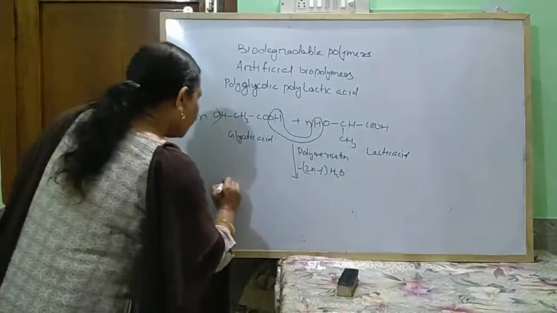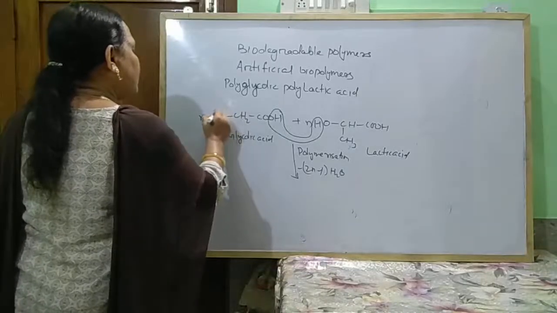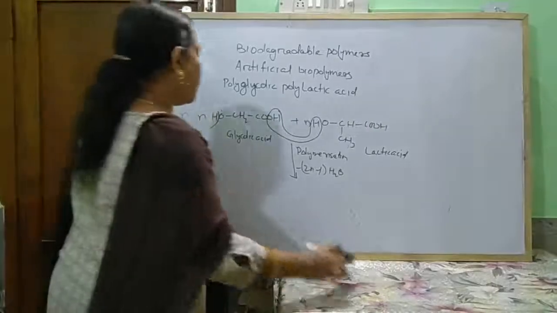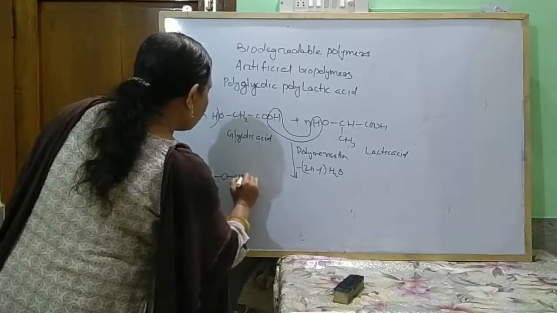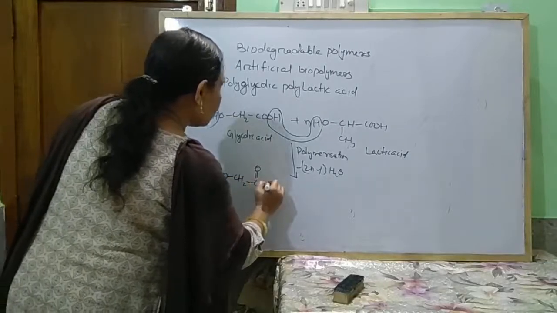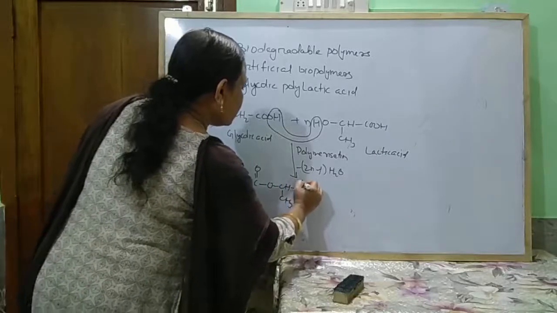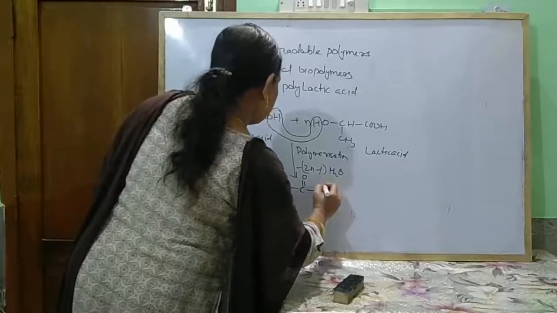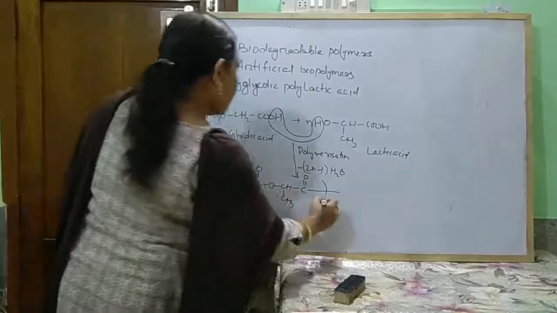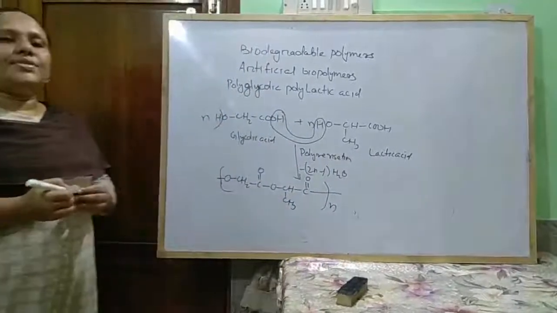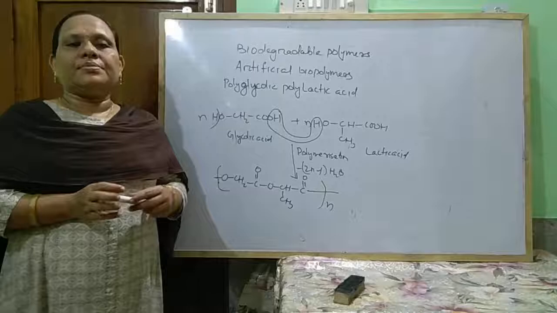So it forms O, CH2, CO, O, CH, CH3, CO. So this is the repeating unit, and this is also fibrous in nature, and is also used for stitching wounds after operation.